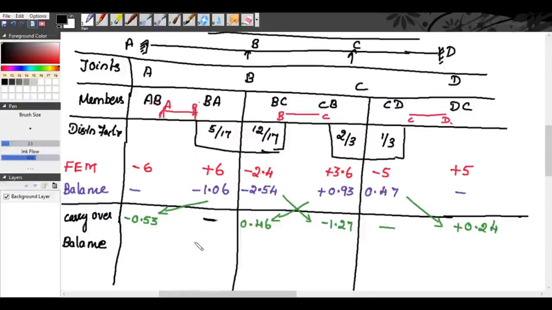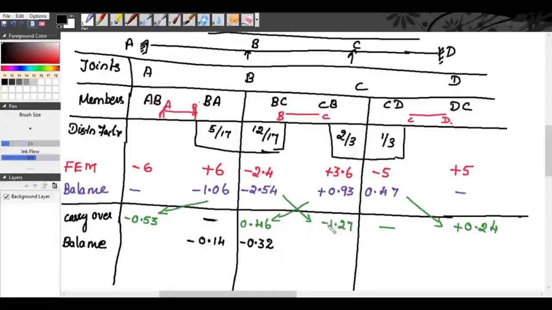Because it is plus, you give minus 0.14. Similarly, 0.46 multiplied by 12 by 17, we get 0.32. So it is minus 0.32.